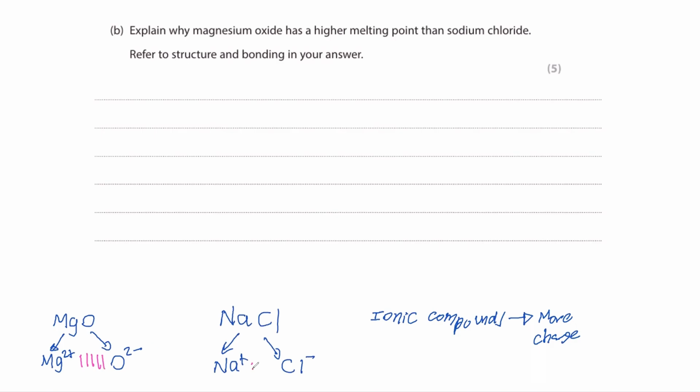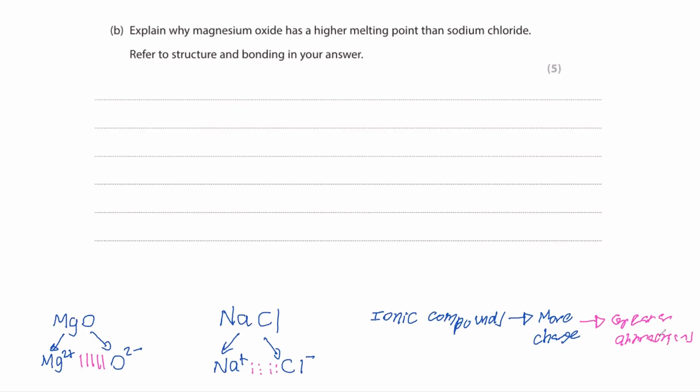Plus and minus 1, there will be attraction between them. But plus 1 minus 1 will have less attraction than plus 2 and minus 2, because more charge means greater attraction, because ionic bond means attraction between ions. So therefore, greater the charge, greater the attraction. That's the part we are going to write here.